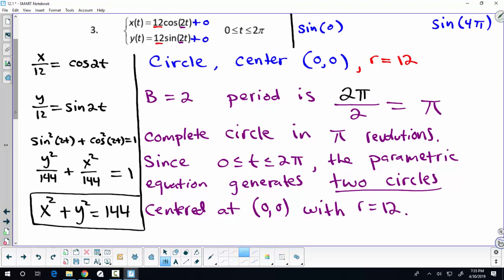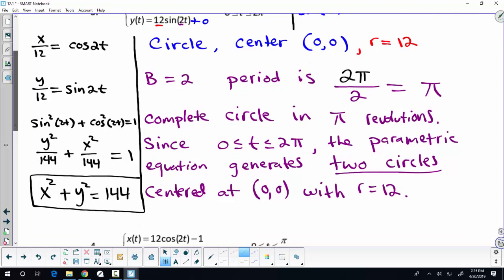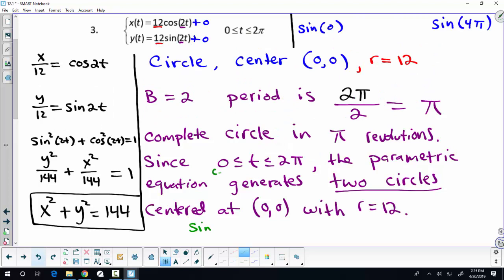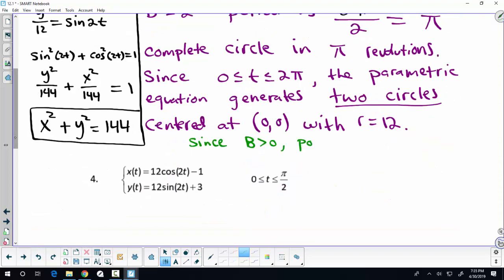Because b is greater than 0, x is cosine, y is sine. So positive orientation is counterclockwise.